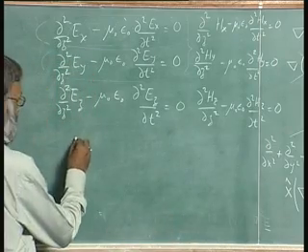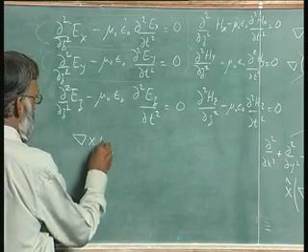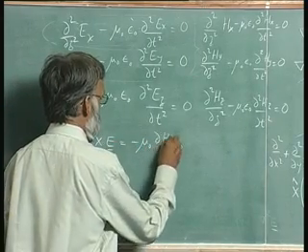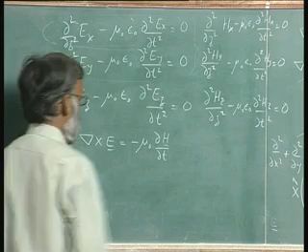So, we have curl of E is equal to minus mu naught del h del t.